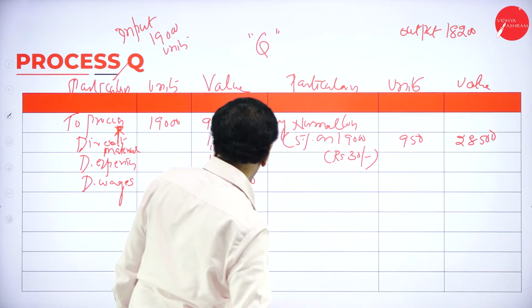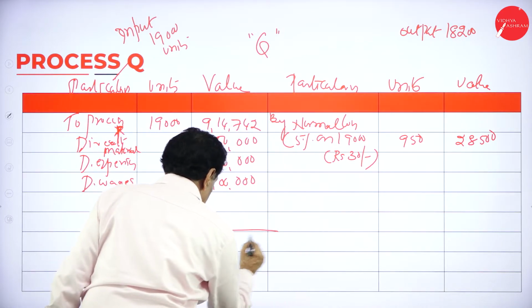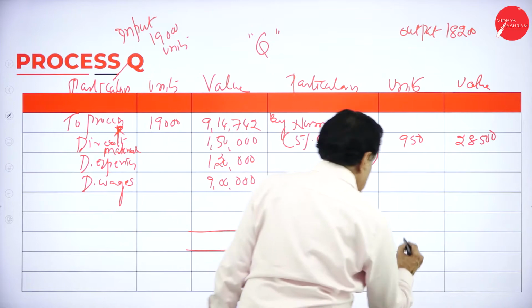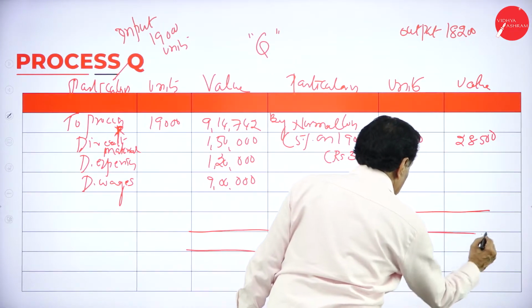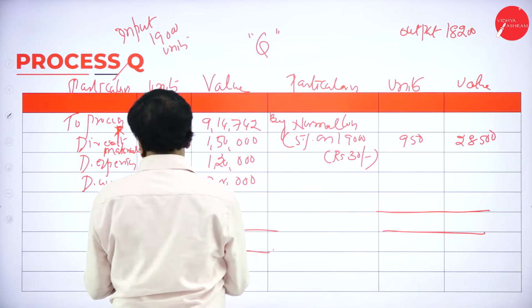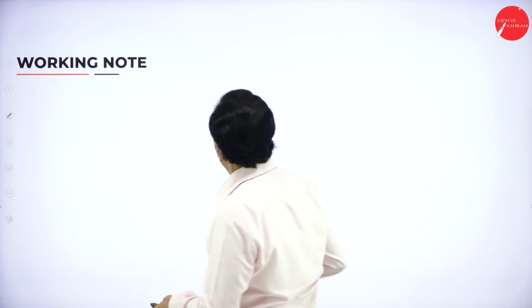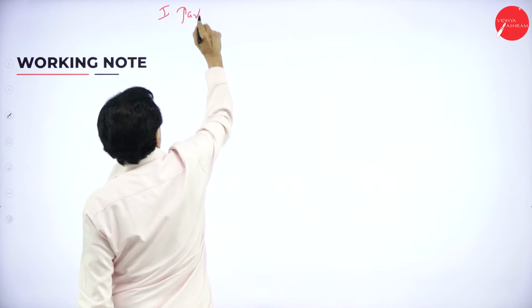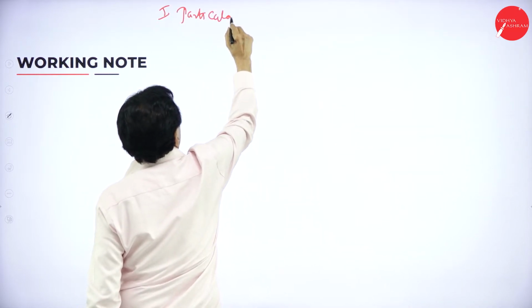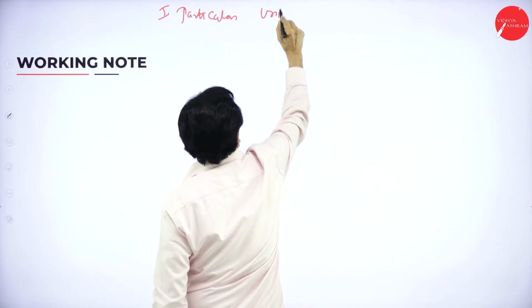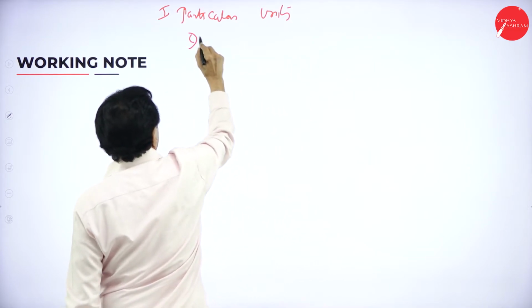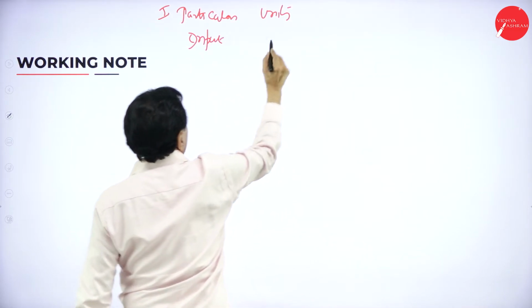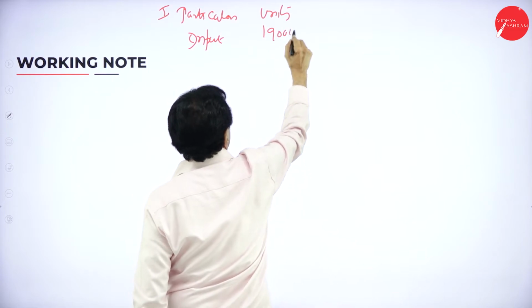Now, close this. Go to working note now. Same working note. First working note number 1. Particulars, units. Input 19,000 units.